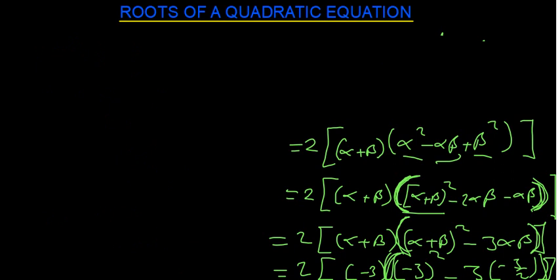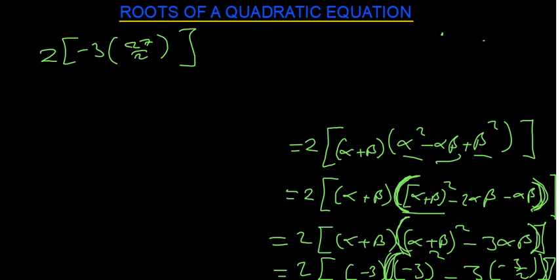So if we work out, we are going to get 2 open brackets negative 3, and then we have negative 3 squared, which is 9, minus 3 times negative 3 over 2. What I'm getting inside there is 27 over 2.